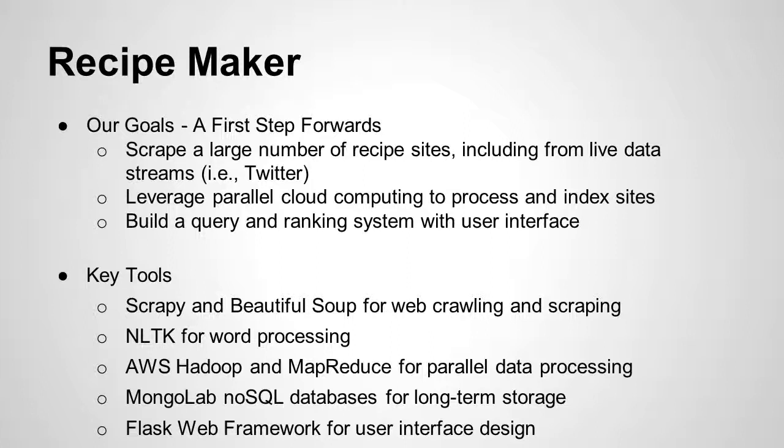So we set out to scrape a large number of recipe sites, including data both from structured and unstructured sources, where we view unstructured as something like a Twitter stream. We wanted to leverage parallel computing, some of the MapReduce framework, to process and index what we find. And then we wanted to build a quick query and ranking system that would provide a result in a reasonable time frame to the user. And we used a number of key tools in doing this, which we'll discuss throughout the rest of the presentation.